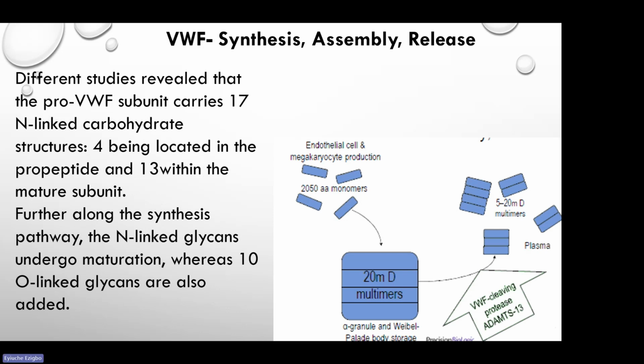Different studies reveal that the pro-von Willebrand factor subunit carries 17 N-linked carbohydrate structures, 4 being located in the propeptide and 13 within the mature unit. Further along the synthesis pathway, the N-linked glycans undergo maturation, whereas 10 O-linked glycans are also added.